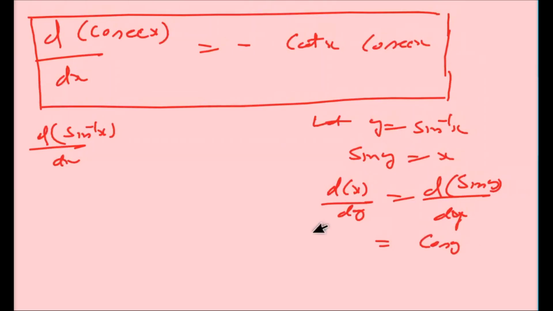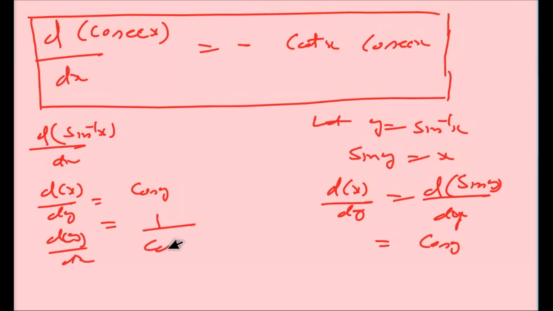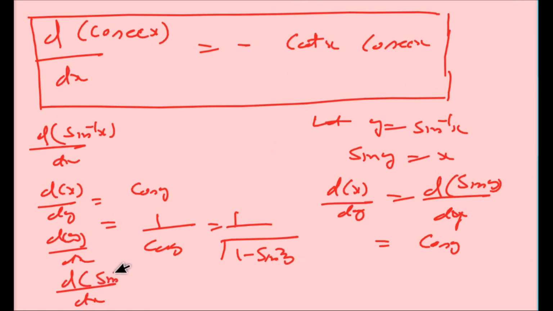So dy by dx equals 1 upon cos y equal to 1 upon under root 1 minus sin square y. What is y? That is sin inverse x, and sin y is x. So we are getting the differential of sin inverse x equal to 1 upon under root 1 minus x square.